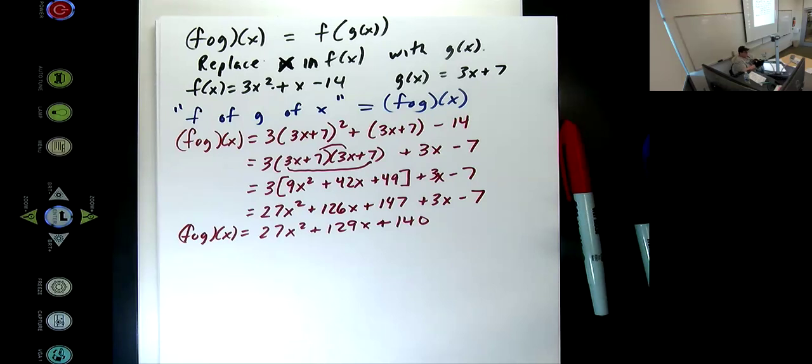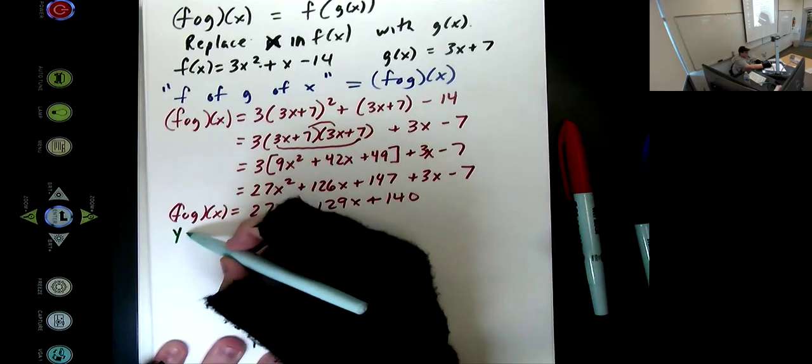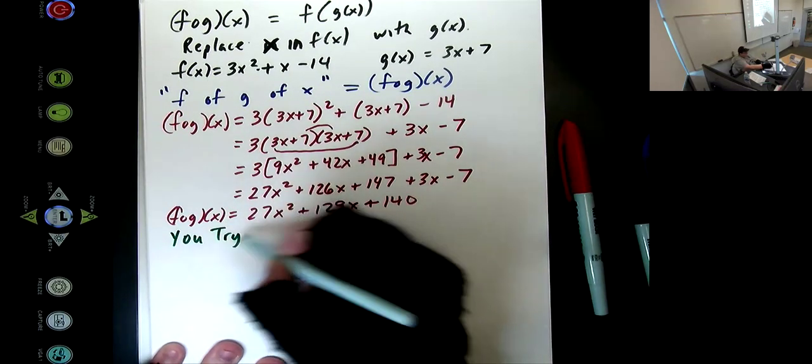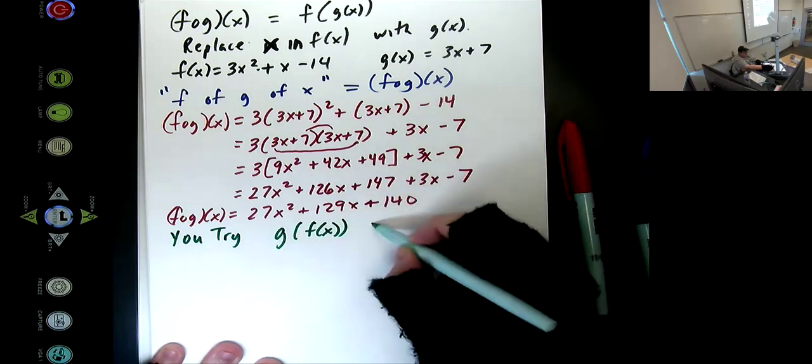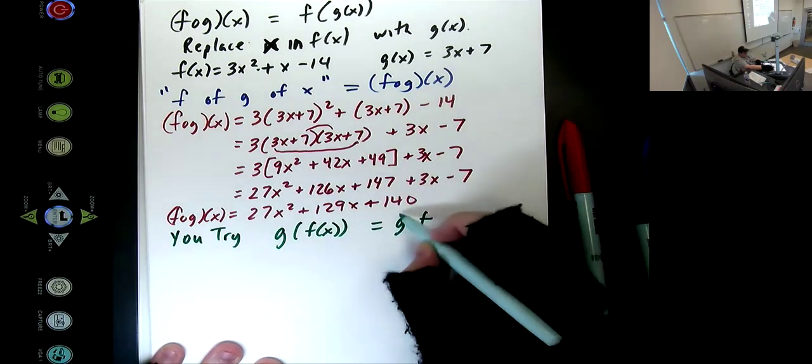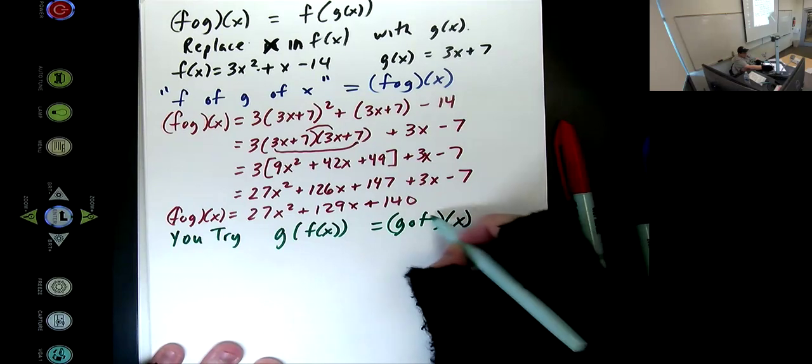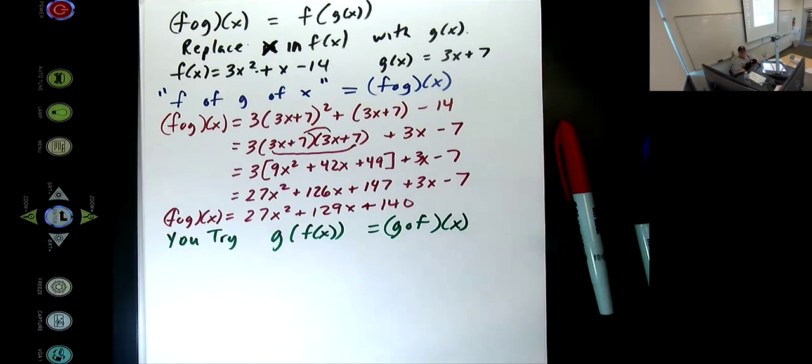All right, you try g of f of x, which we write as g∘f of x. This is substantially easier.